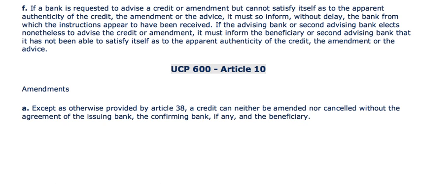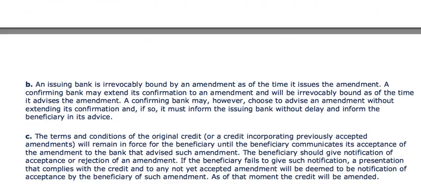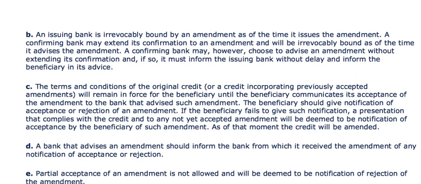So everyone involved in that, it cannot be amended or cancelled except what is mentioned in Article 38. An issuing bank is irrevocably bound by the amendment as of the time it issues the amendment.